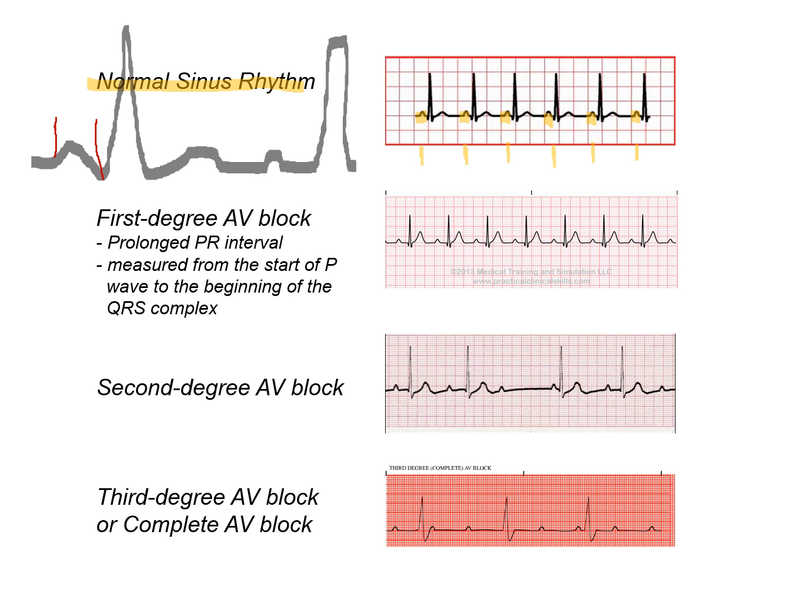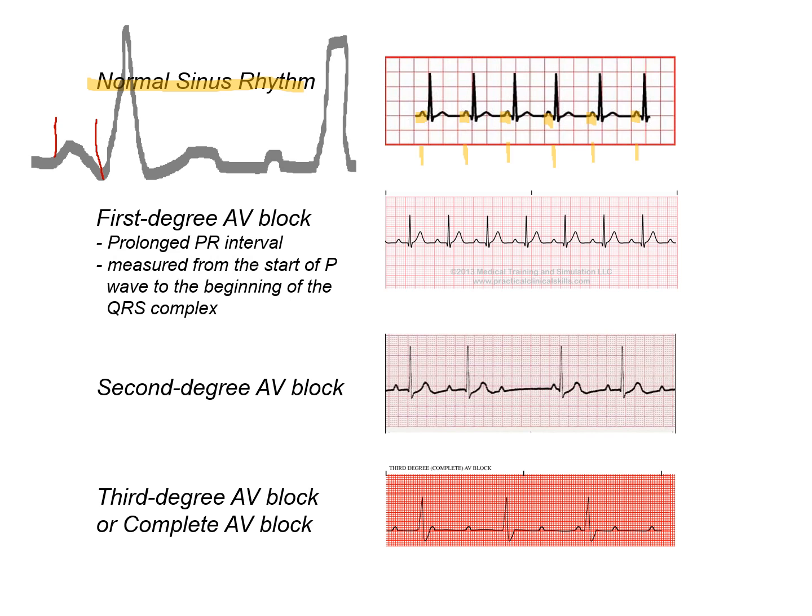Now, in a first degree heart block, what you have is a prolonged PR interval. And what that means is that there is an abnormally long delay. Remember that there's a delay at the AV node.